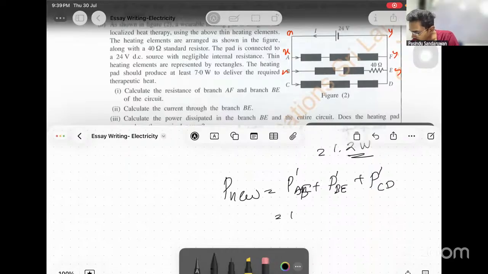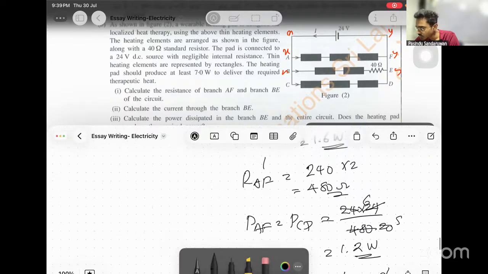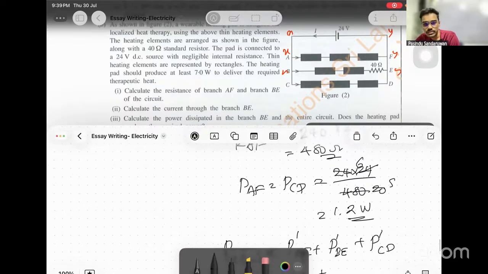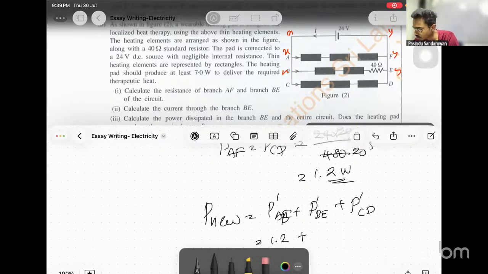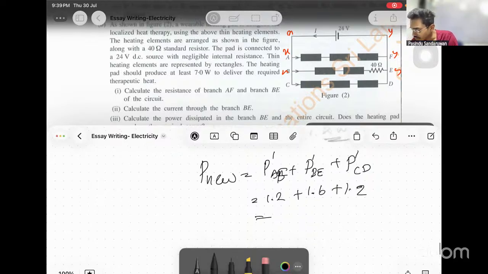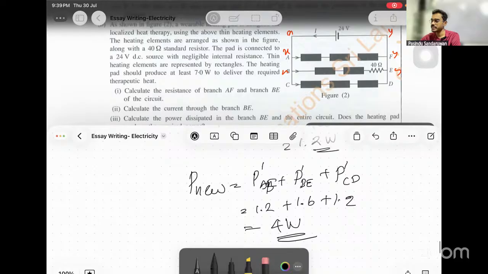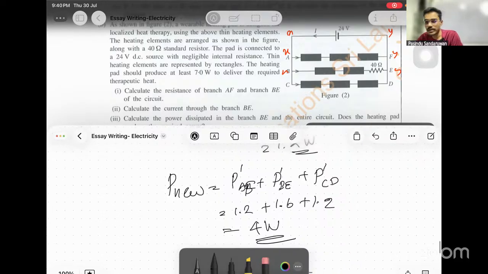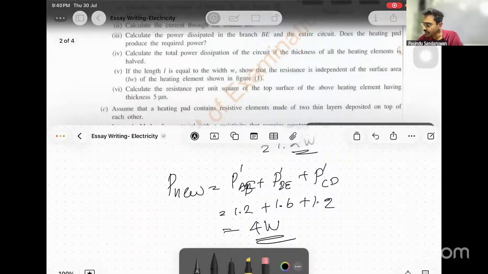Then AF is 1.2, BE is 1.6, plus this is also 1.2. Then 1.2, 1.2, 2.4, then 4 watts. New power of the system becomes 4 watts now. Then fifth one.